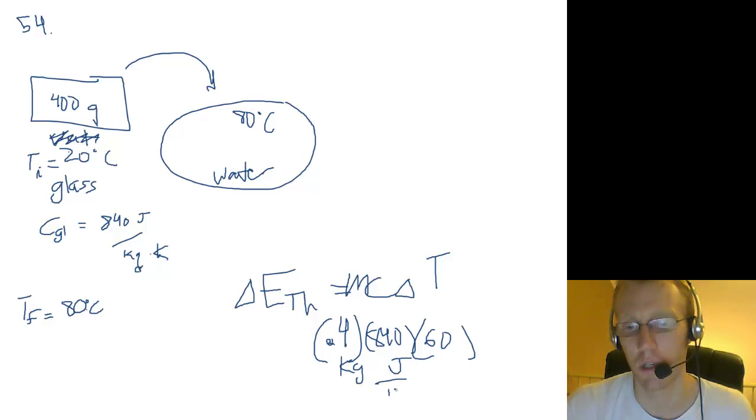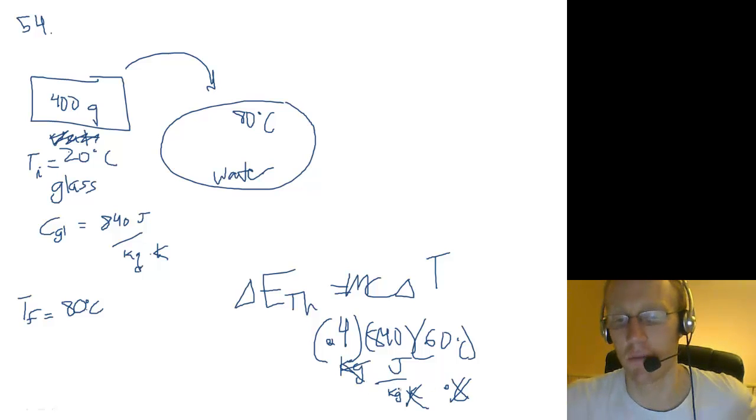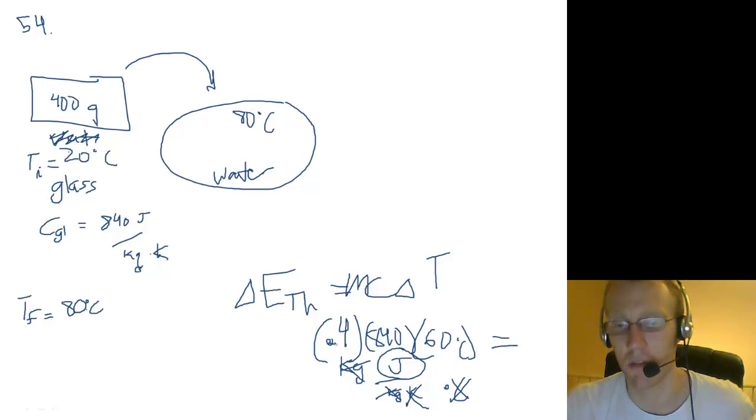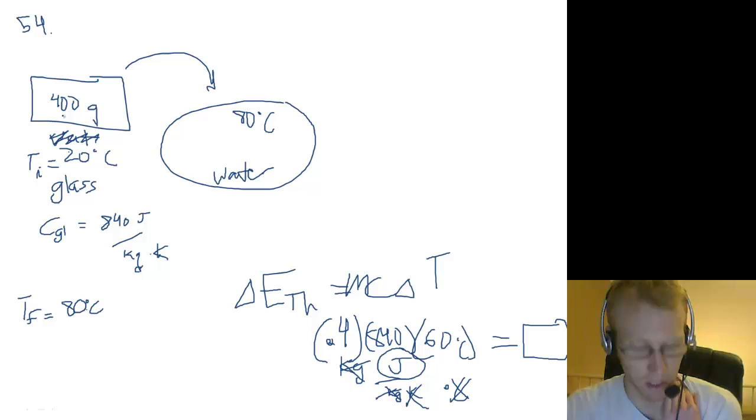Here it's joules per kilogram Kelvin. And here again, it's degrees Celsius, but remember Kelvins cancel with Celsius because they're the same size. Kilograms cancel kilograms, leaving us with just joules. So we multiply these numbers together, 0.4 times 840 times 60, and whatever you get, that's the amount of energy that was absorbed by this coffee cup.